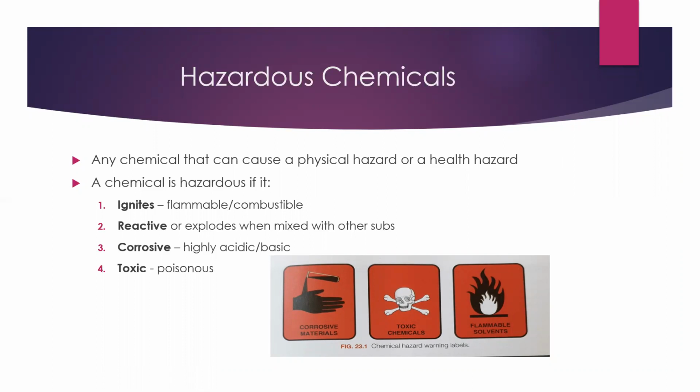It could also be corrosive, or highly acidic or basic, and it could be toxic or poisonous. You'll see on the lower right in figure 23-1, it came directly from the textbook, and oftentimes you'll see some labeling that's done on many products indicating whether the product is flammable or toxic or any type of hazard in a dental setting.